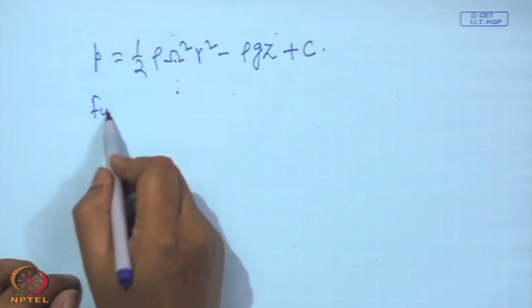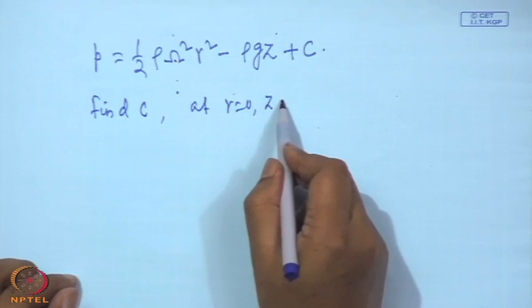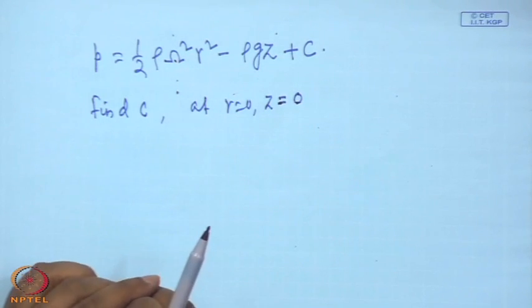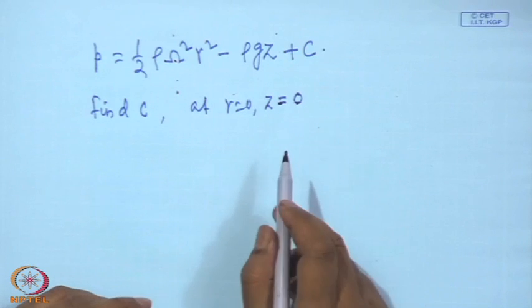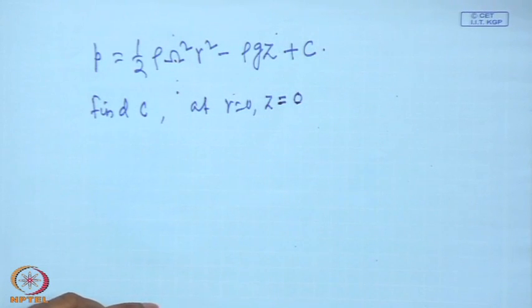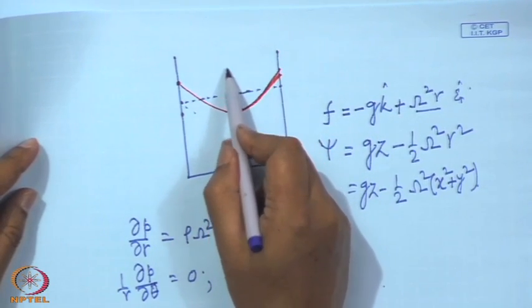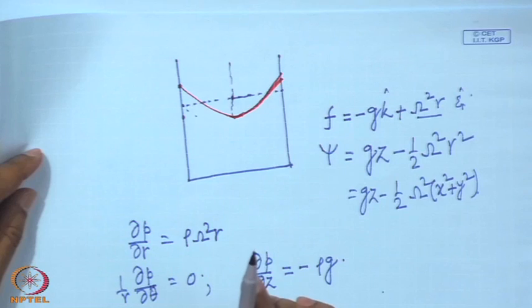Then what is the final form? So, evaluate C, find C at r equal to 0, Z equal to, if you have taken your axis system at the middle, the undisturbed midpoint.